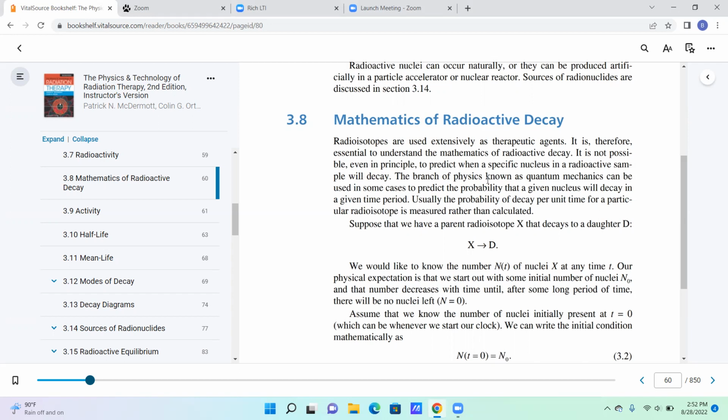Suppose that we have a parent radioisotope, which we're going to call X, that decays to a specific daughter, which we're going to call D. We would like to know the number N of nuclei X at any particular time T. That's why N is a function of T. The physical expectation is that we start out with some initial number of nuclei, and that the number decreases with time until after some long period of time, there are no nuclei left.